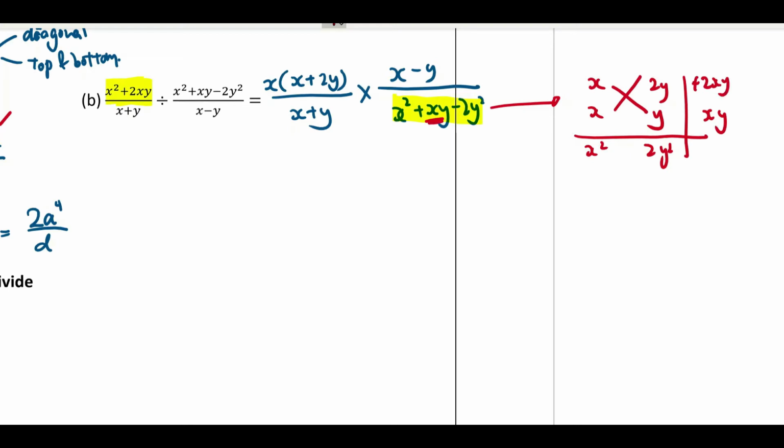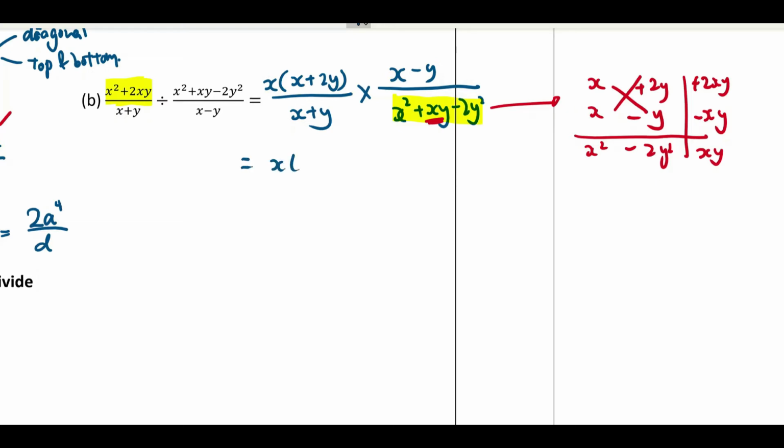So this must be plus, this has to be plus, this has to be minus. So xy. And there you go. So remember, 2 terms, normal factorization. 3 terms, cross factorization by doing this. 4 terms, usually factorization by grouping.